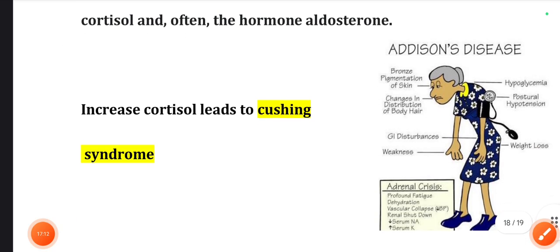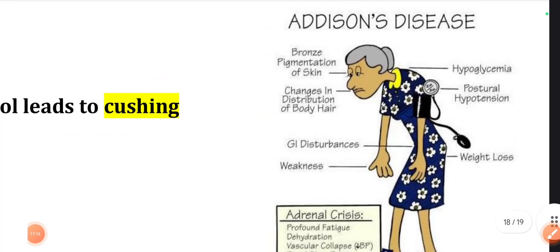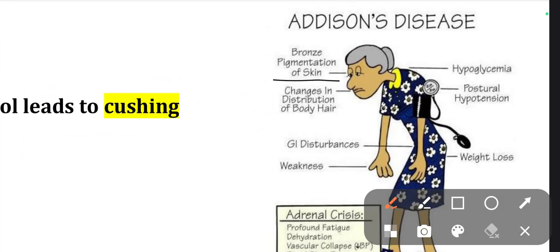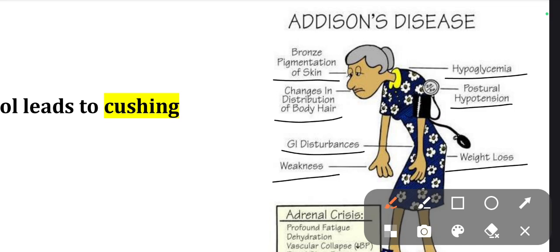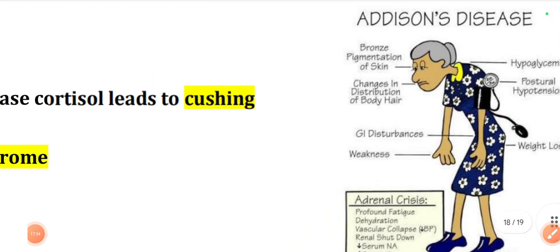Addison's disease symptoms are brown pigmentation on the skin, hypoglycemia, postural hypotension, changes and disturbance in the body hair, GI disturbances, weakness, and weight loss. So these are the clinical features we can see in the case of Addison's disease.